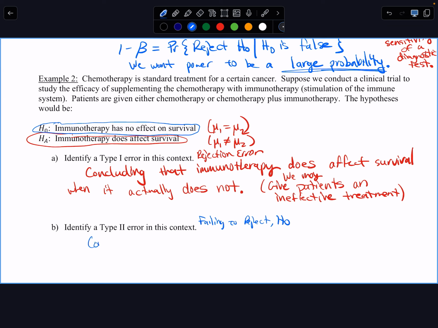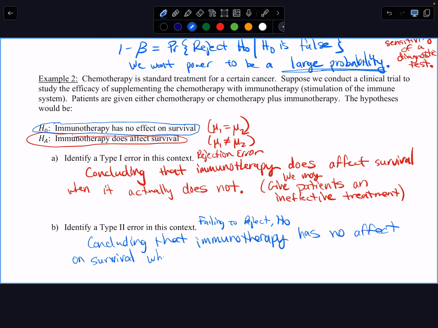So the type 2 error may be concluding that immunotherapy has no effect, or effect, I always get those mixed up, on survival when it actually does.